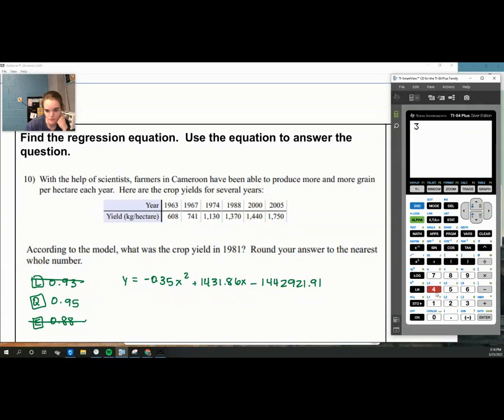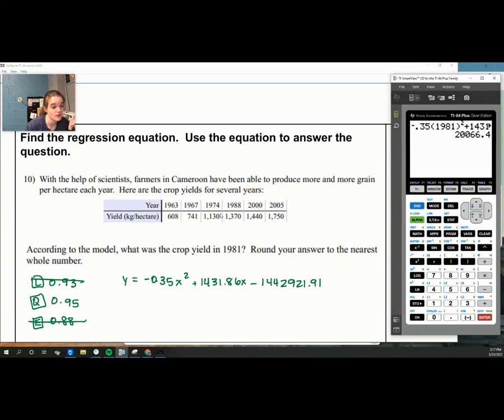Minus 1,442,921.91. I got the exact same answer. And it should fall right in here.